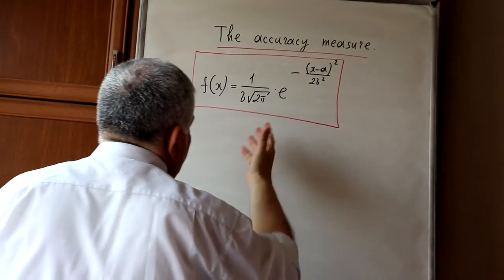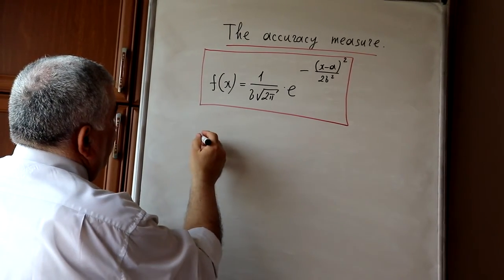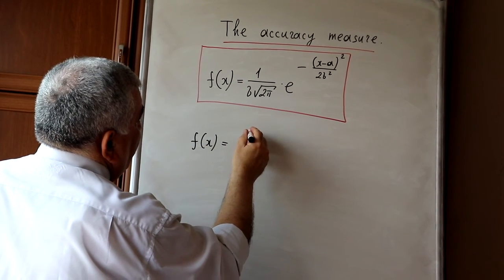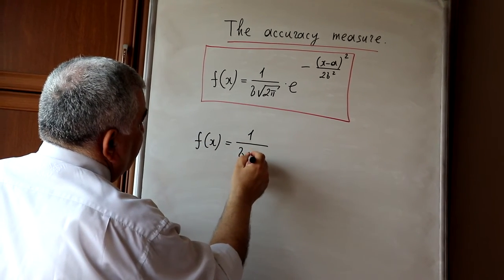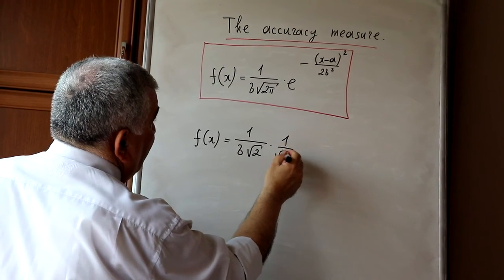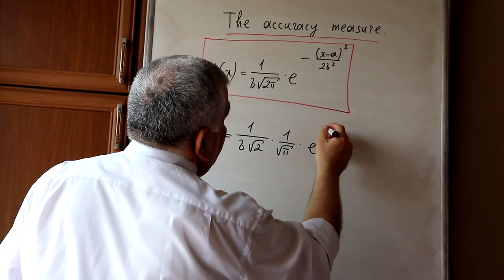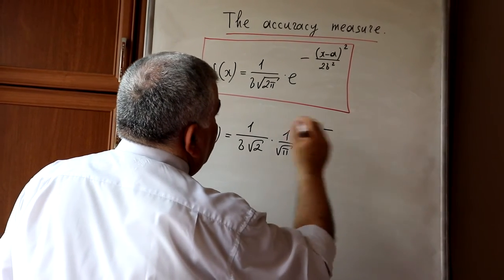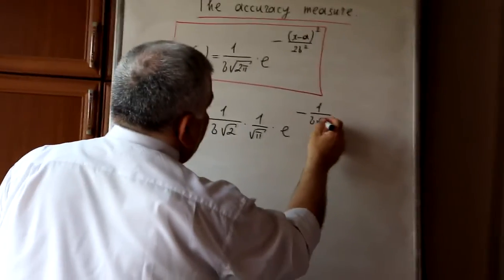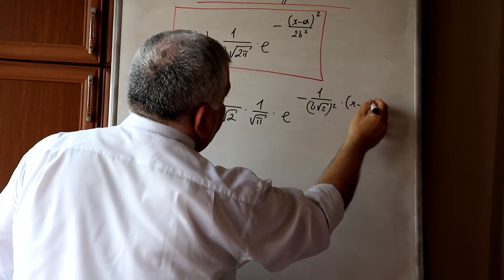Then rewrite this formula in the following form. F of x is equal to 1 over sigma square root of 2 multiplied by 1 over square root of pi multiplied by e to minus 1 over sigma square root of 2 squared multiplied by x minus a squared.